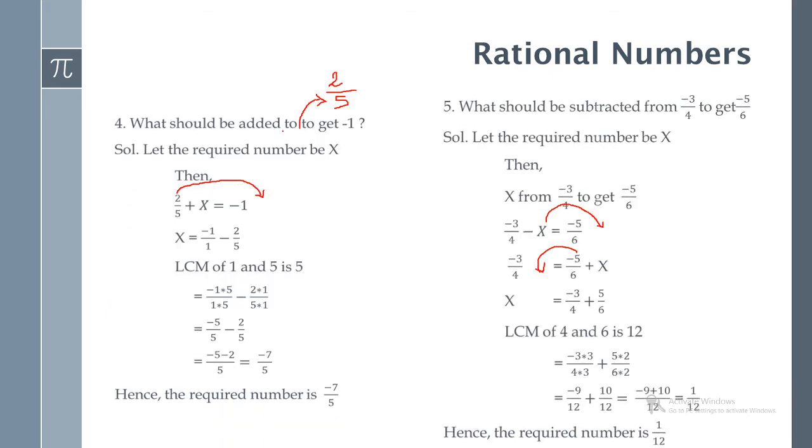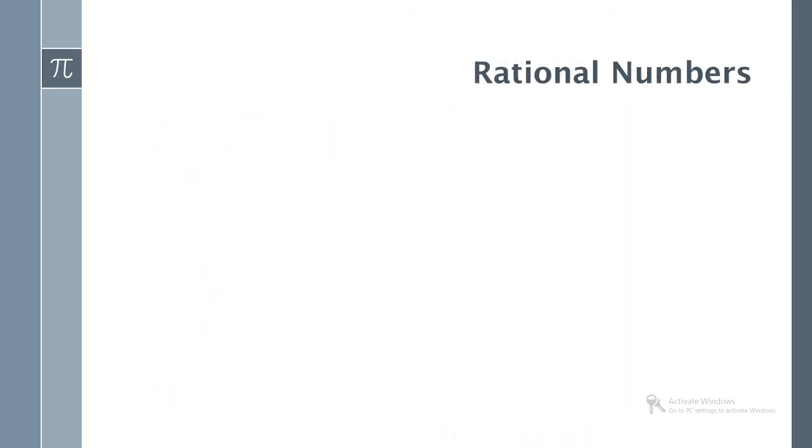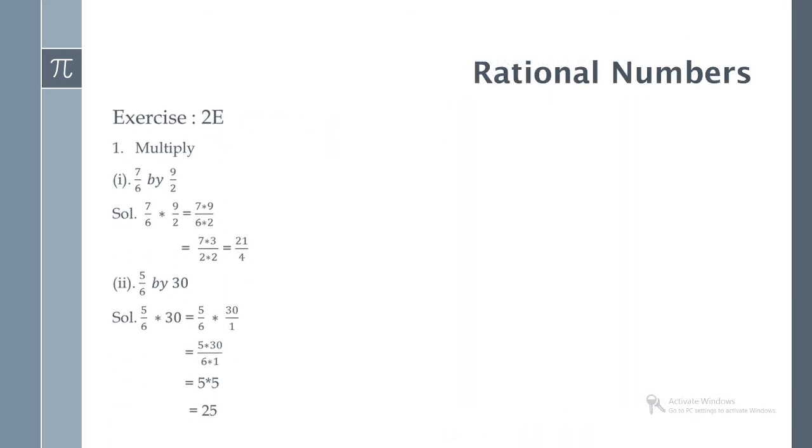"From" is a subtraction, but here it is "by". If in the place of 7 by 6, from 9 by 2, it means it's a subtraction, we have to do it. Now 7 by 6 by 9 by 2 is nothing but a multiplication. Please concentrate on the word they have given. Stress on the word. "From" means it is a subtraction. "By" means it is a multiplication.